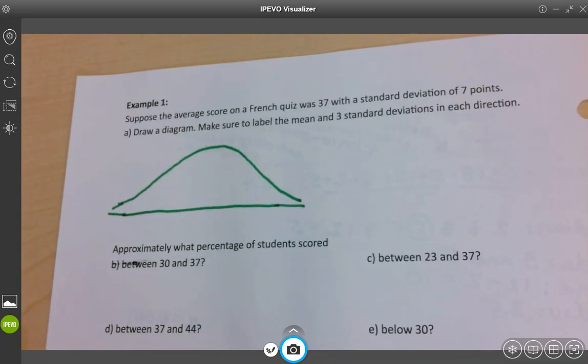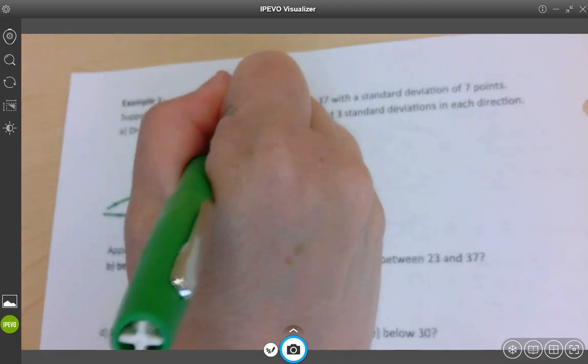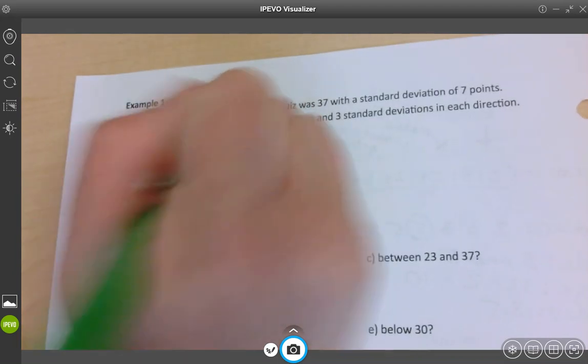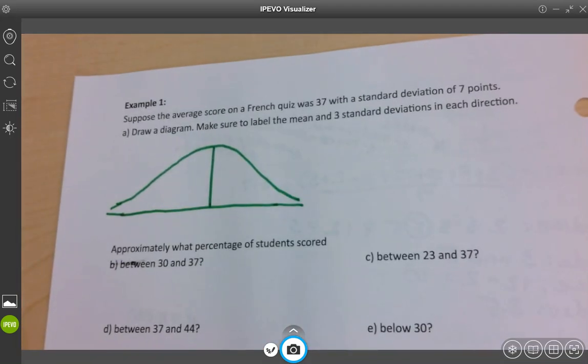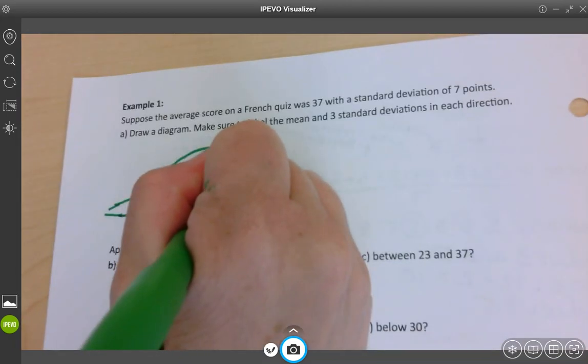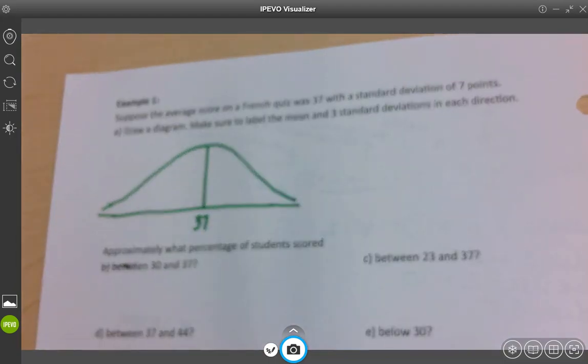I am not artistically inclined, but do your best to make it symmetric. And in the middle, we're going to put not the mu to represent any mean, but we're going to put the actual mean, which is what number? 37. I hope that's not out of 100. That would not be a nice score.